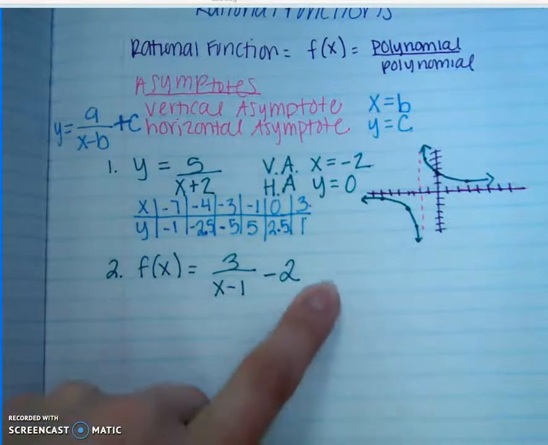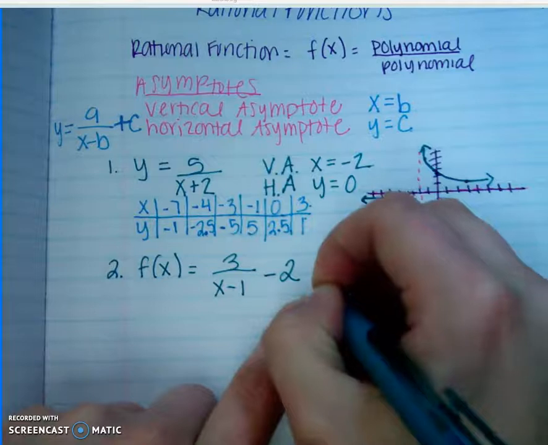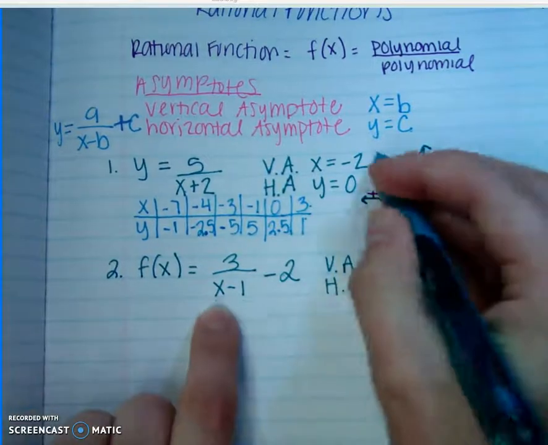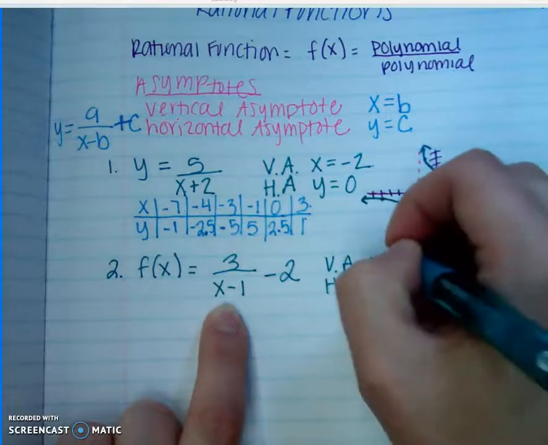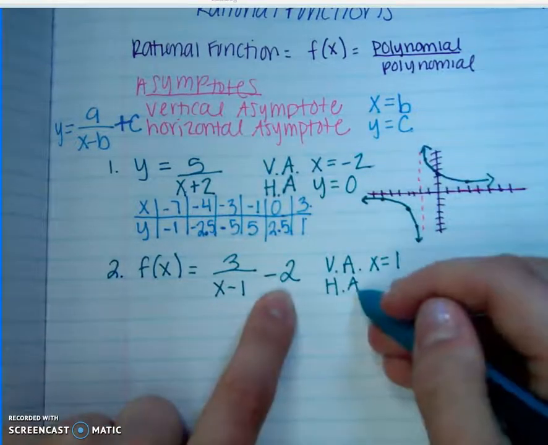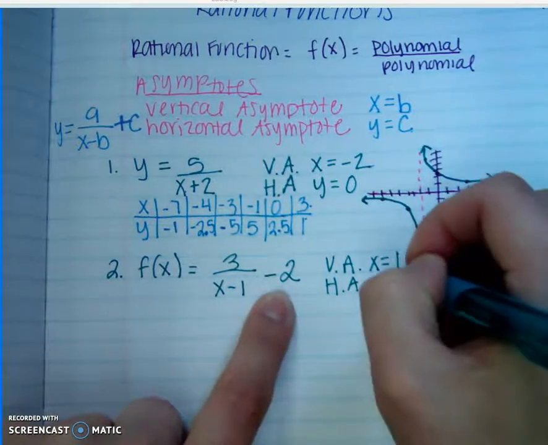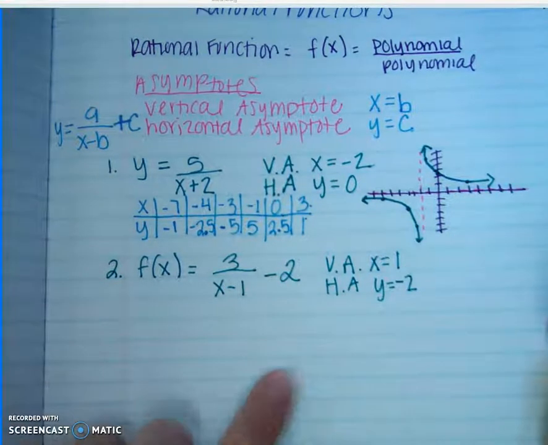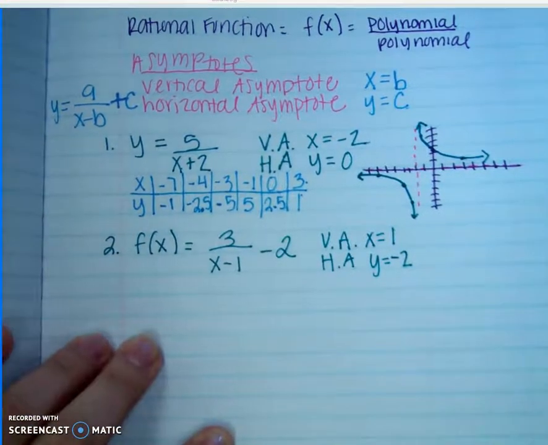Again, we're going to identify the horizontal and vertical asymptotes. Okay. X cannot be 1, so the asymptote is the line x equals 1. Horizontal, what's that constant? Y equals -2.